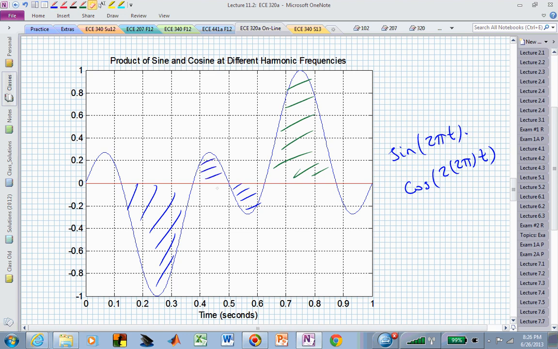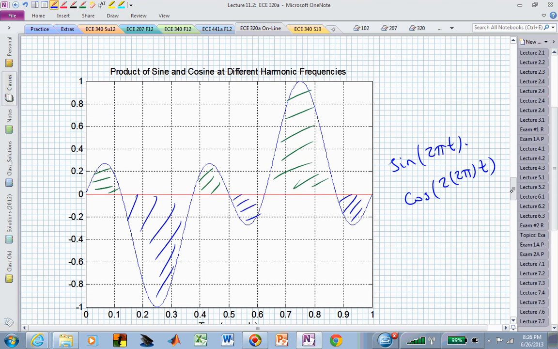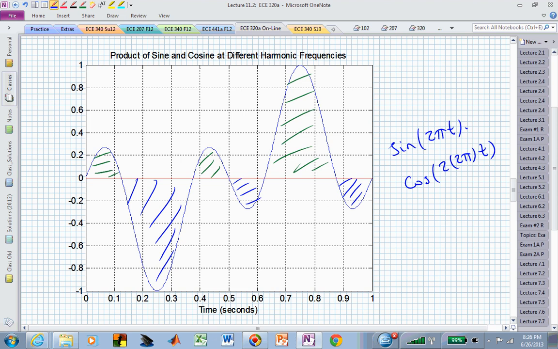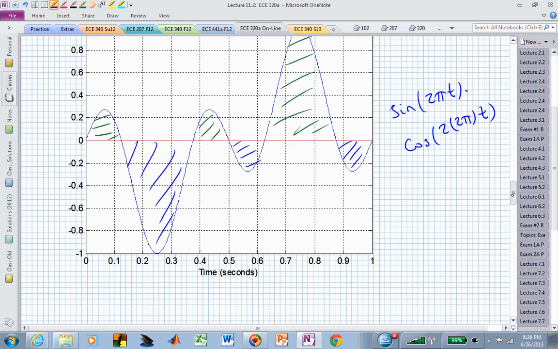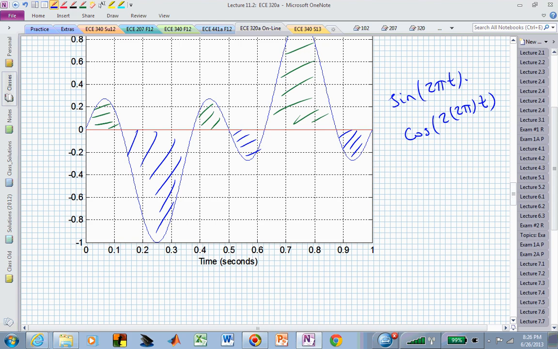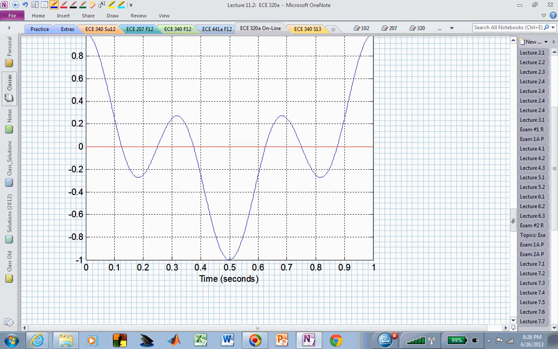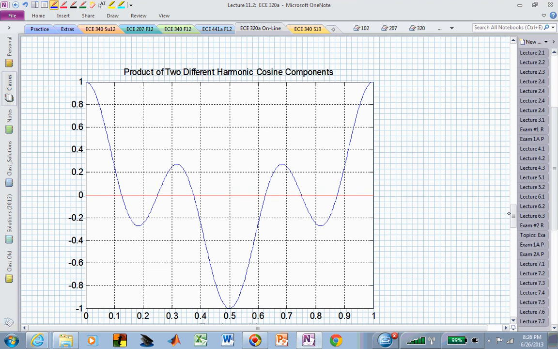Whoops, wanted to change colors. And likewise, we have this positive area being canceled by this negative area. So you can see that when we're multiplying these sinusoids together, if their arguments differ by some integer amount, it is going to yield 0 area underneath that integral.